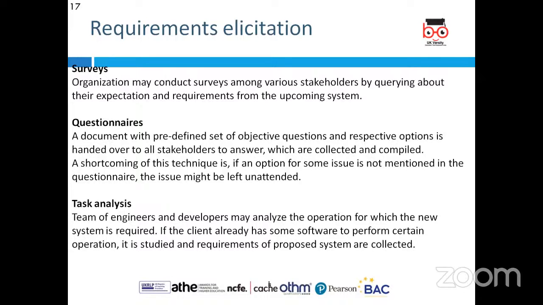Other ways to gather this information are through surveys, where organizations might conduct surveys among the stakeholders, asking about the expectations and requirements for the upcoming system. Other ways could be through questionnaires or task analysis.